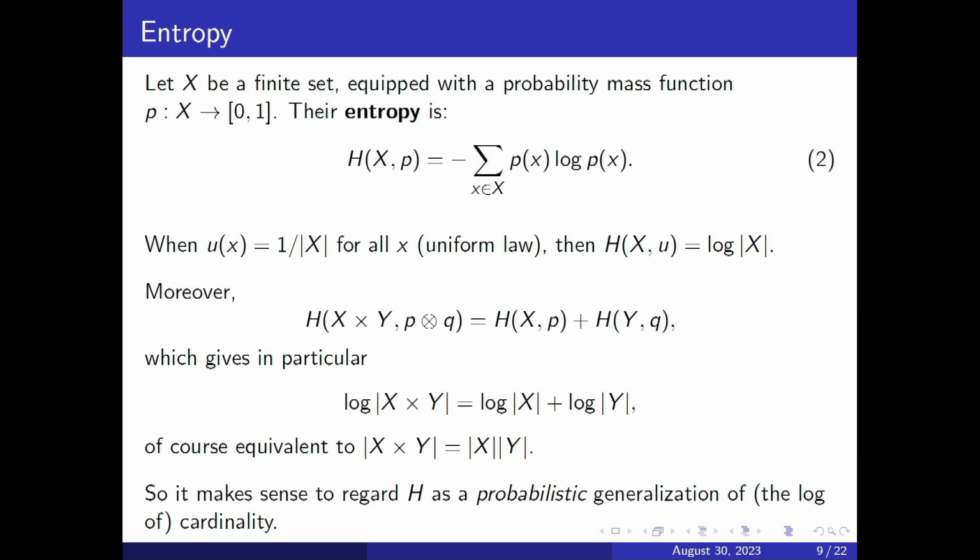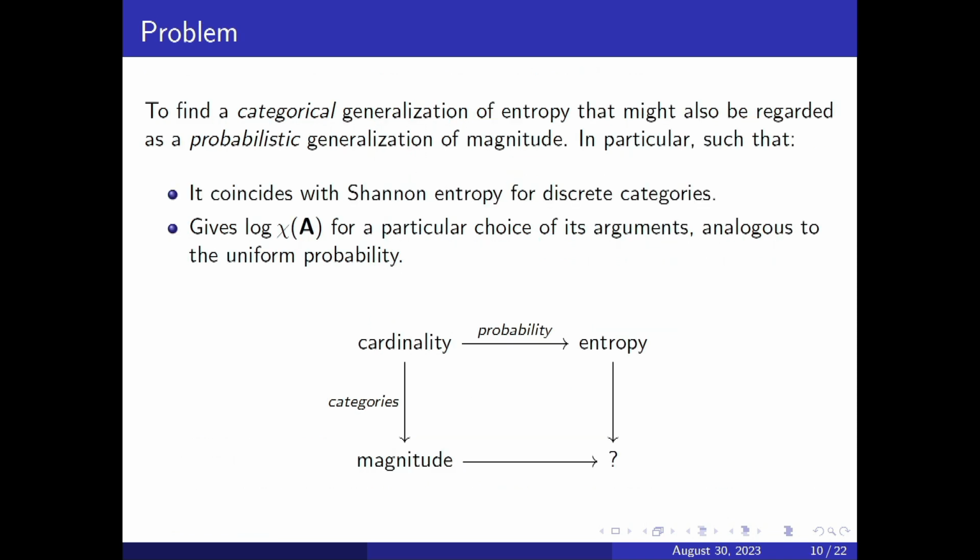Moreover, additivity of the entropy gives you in particular the multiplicativity of the cardinalities. So the multiplicativity of the cardinality is implied by this more general additivity property of the entropy. So in fact, you can regard H as a probabilistic generalization of the cardinality, or of course the logarithm of the cardinality. Okay. So the problem is now to complete the square.